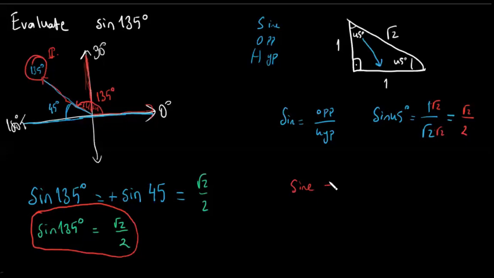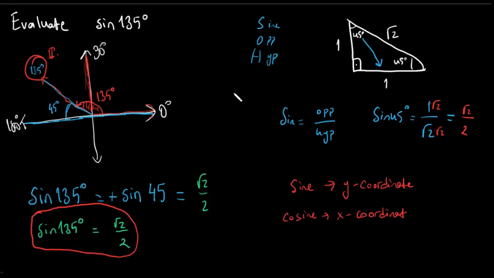For the sine values, we look at the y coordinate, and for the cosine values, you look at the x coordinate. So sine is positive in the second quadrant because y values are positive. Okay?